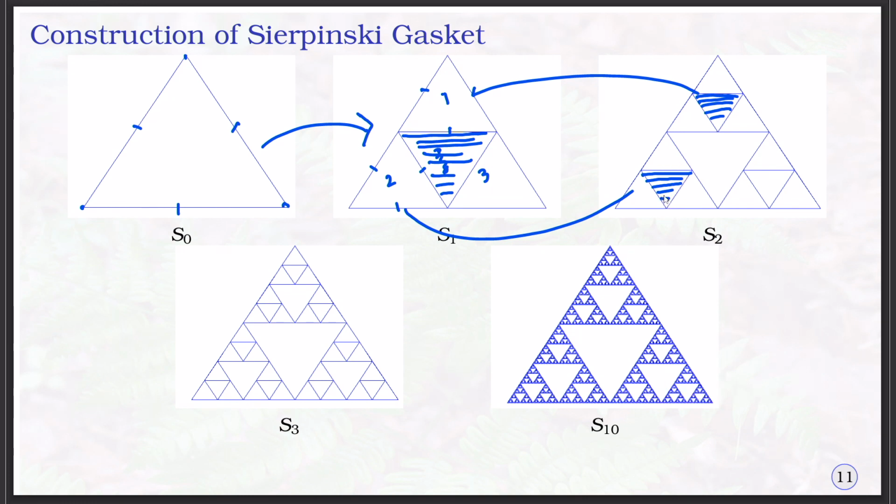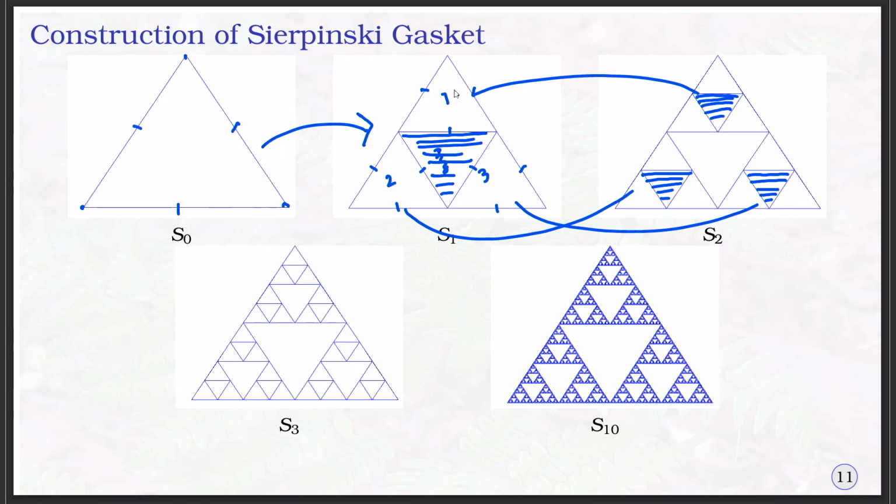While removing the triangle, we should not remove the boundaries, only the interior points. The same thing you can apply on this third triangle: join the 3 midpoints and remove the middle one, then one can obtain this triangle.